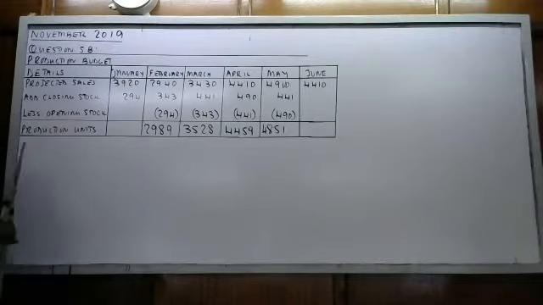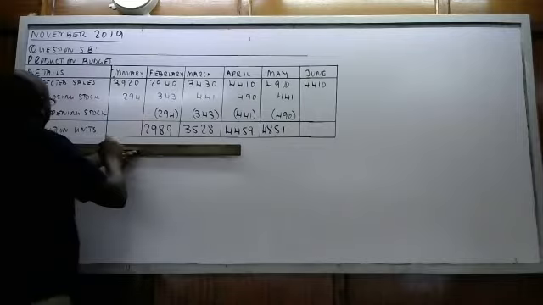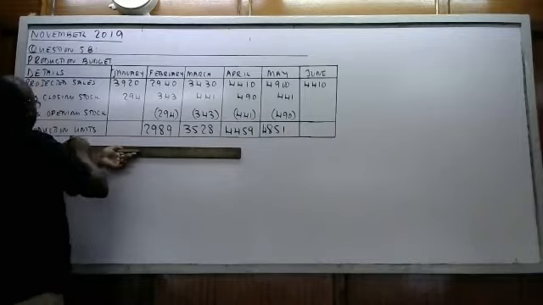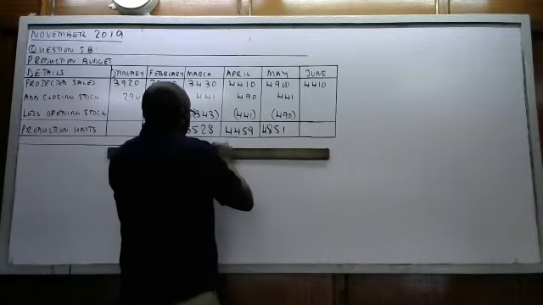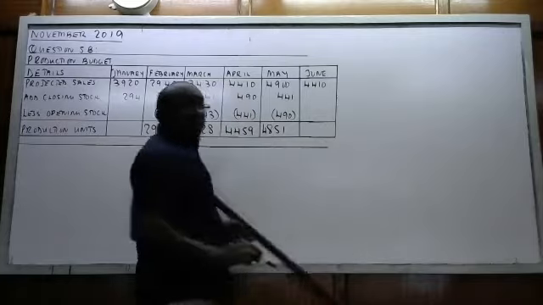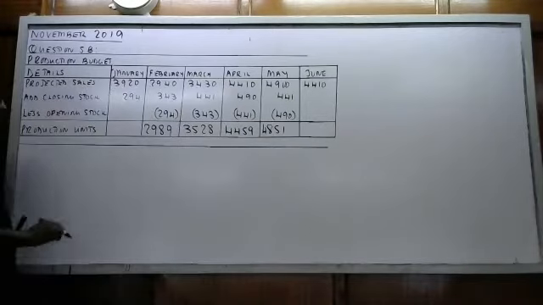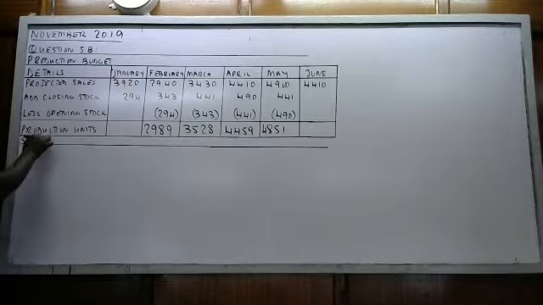Although the question has not asked us to, we require to have something called sales budget. Although hatujaulizwa directly, we require it in the cash budget. So let us draw the sales budget.